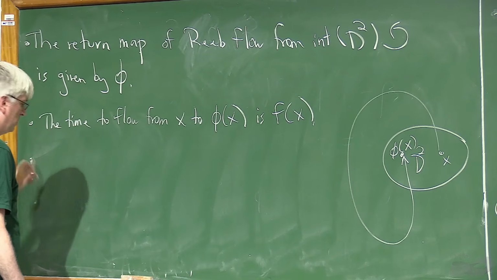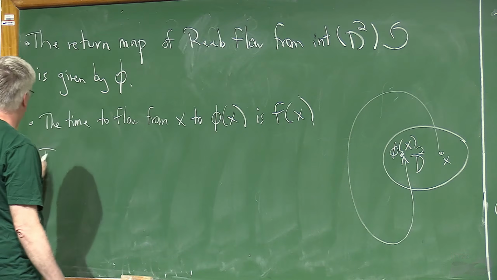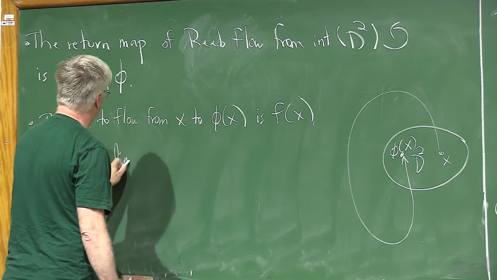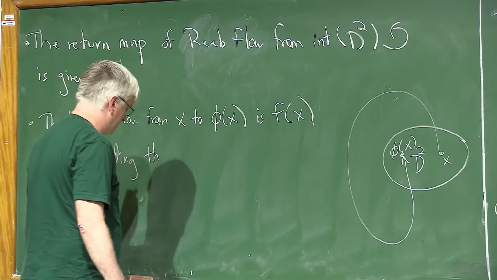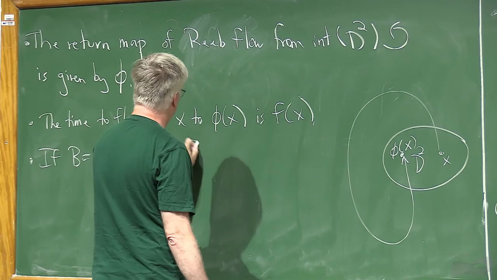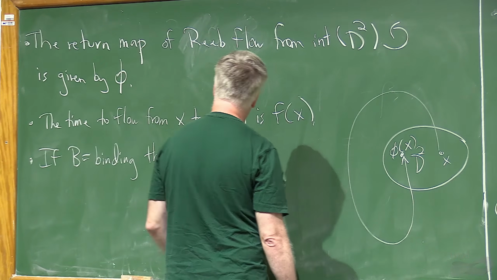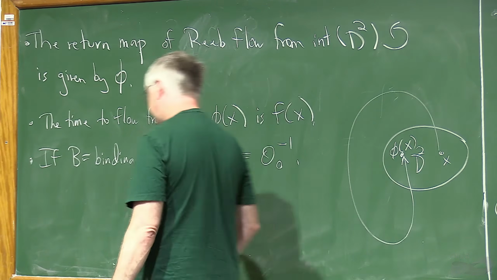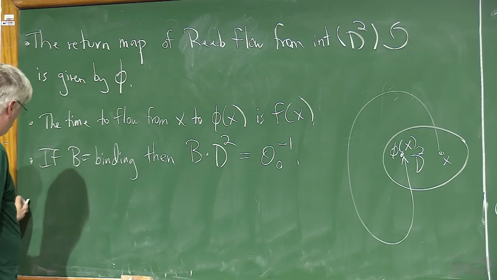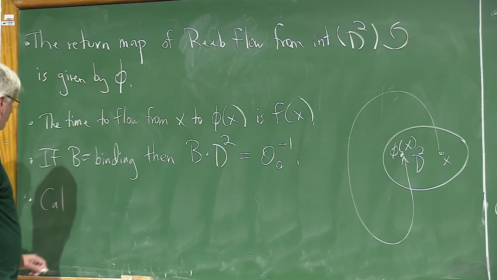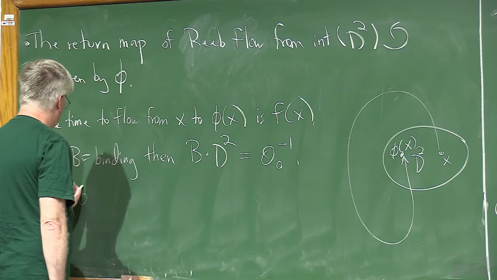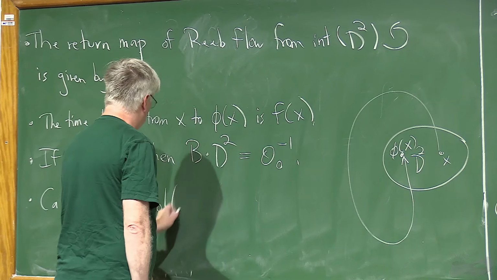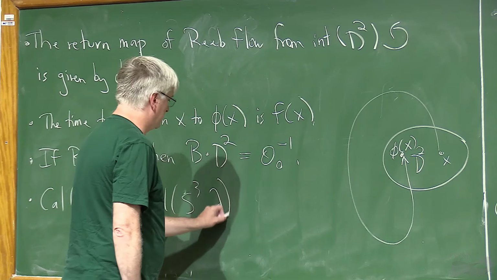And if B denotes the binding, which is the boundary of the disk, then the intersection number of B with the disk, as I described before, is theta 0 inverse. And finally, the Calabi invariant of phi theta 0 is equal to the volume of S3 with respect to lambda.